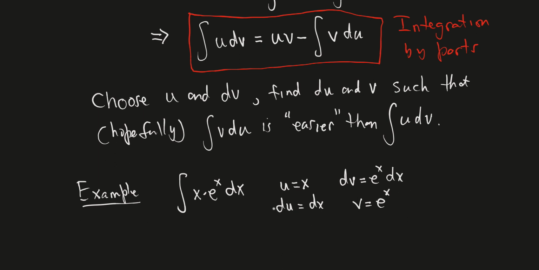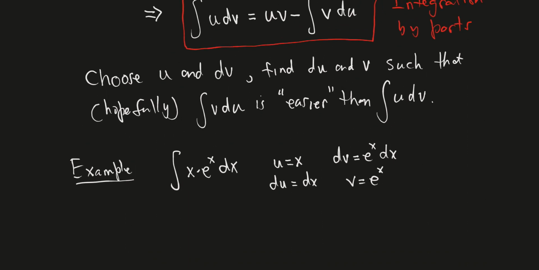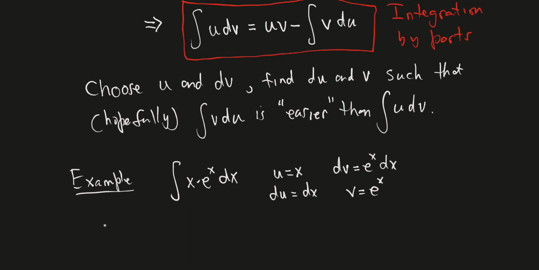Okay, so that's kind of the idea behind the choice. After this example, we'll make it a little bit more systematic, and it gives you a nice way to make this choice.